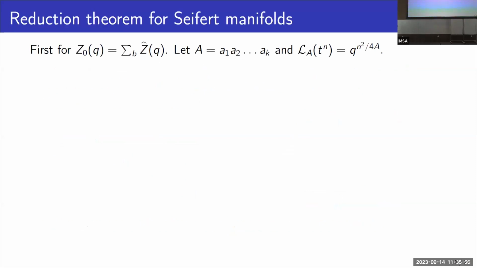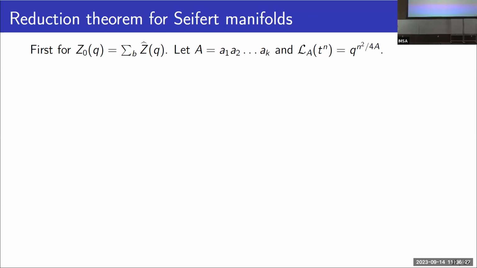So one of the lessons should be that it's easier to work first with this invariant Z0, which is just the sum of all Z hat over all the spin C structures. So it's like a sum over the whole lattice. And then it's easier to find the formula for this one, and then use the equivariance under the H1.